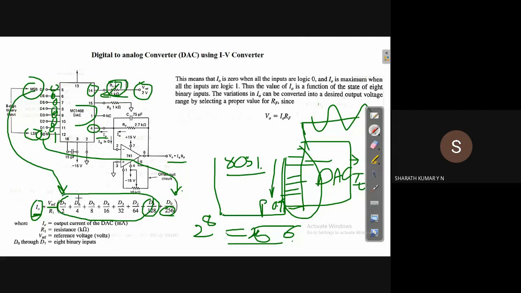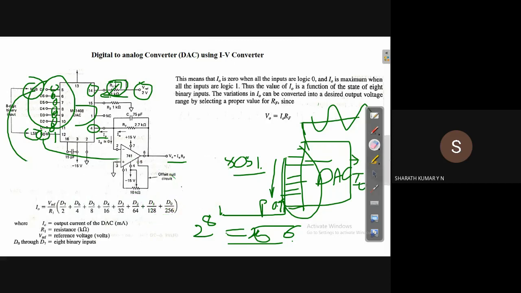Only this bit is 1, so 1 divided by 256. That will be the current. That means if higher weightage bits are high, the output current is also high. If the number of high bits is lesser, the output current is also lesser. That's the basic idea, which we'll discuss in detail a little later.